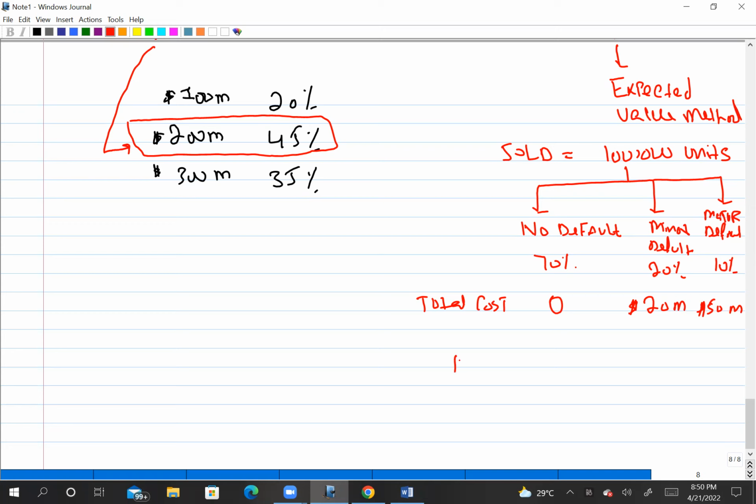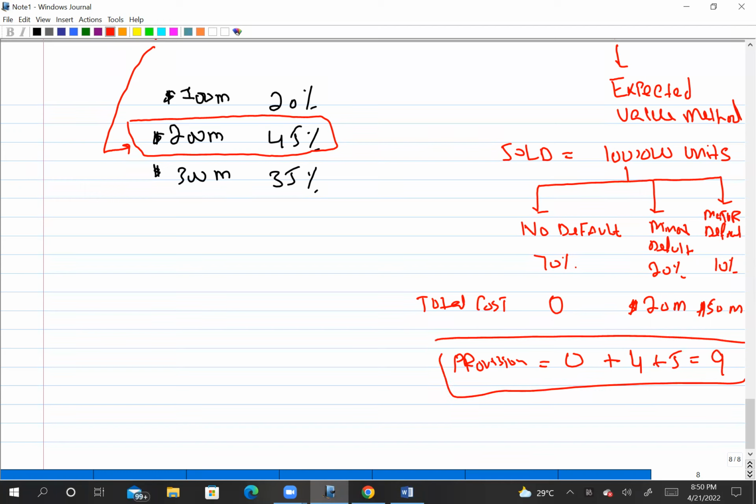So what will be the value of the provision? For no default, it will be 0. For minor default, it will be 4, and for major default it will be 9. So a total of $9 million of provision will be recognized: 20% of 20 million and 10% of the 50 million.